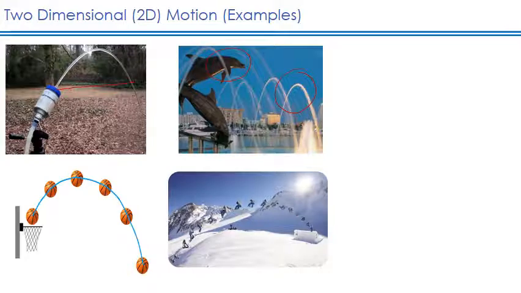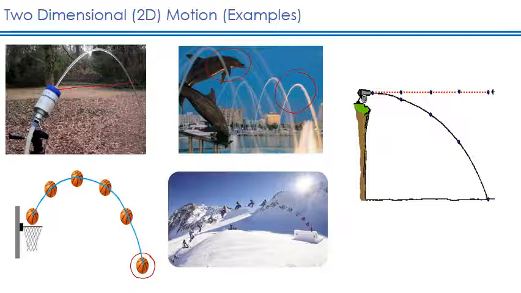When a basketball is sent to a basket, it also makes a path that changes its position in two directions at the same time. And you can see a ski diver, who changes direction of motion and position in two directions at the same time.